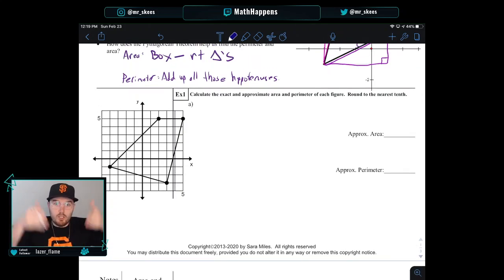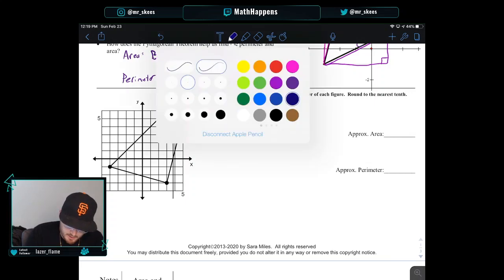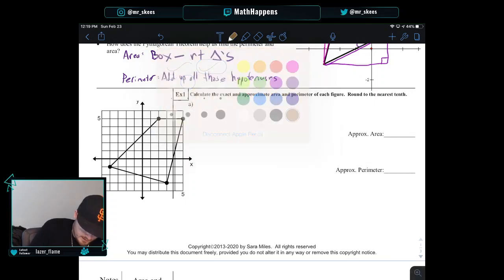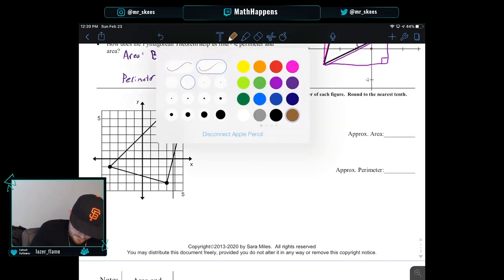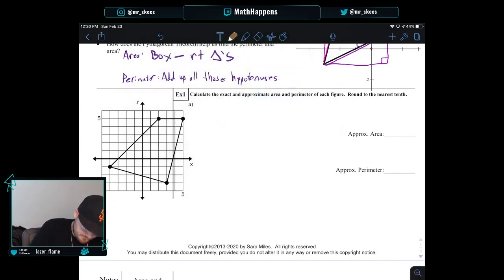So let's do it all the way through on one problem here, this quadrilateral. So clearly, let me draw a box and say brown. There is a box, that's too thick.